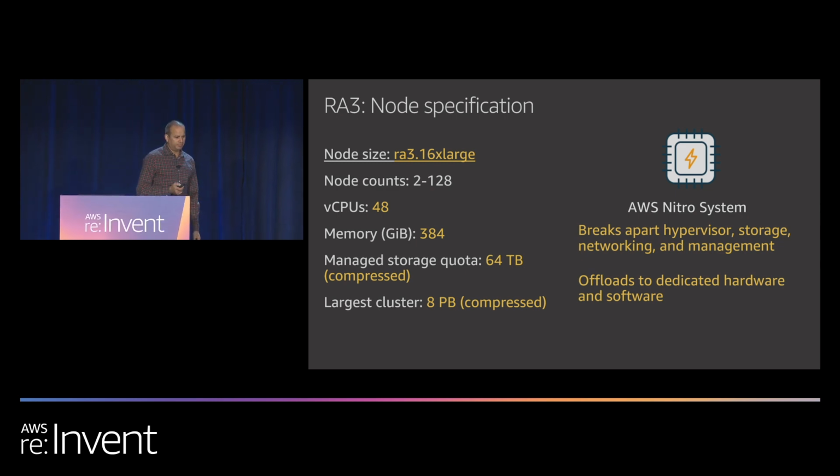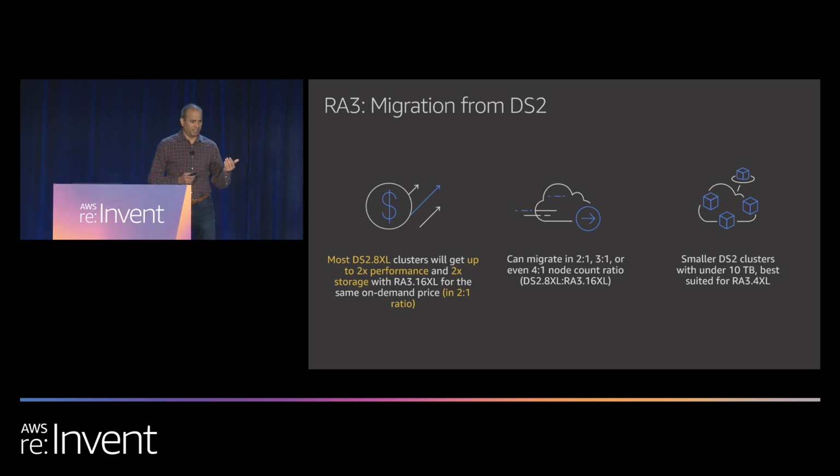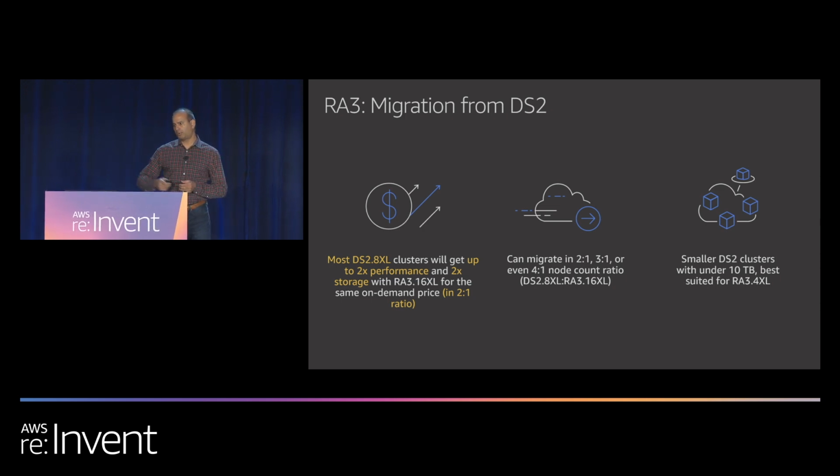So let's look at whether you should consider migrating to the RA3 node. If you have a dense storage cluster today, and one of the larger data warehouses, more than 10 terabytes of data, then I think RA3 would be very interesting for your needs and performance. You will get better performance at the same cost. If you have, let's say, 4 nodes of DS2 8XL, for a similar price you will choose a 2-to-1 node count ratio.